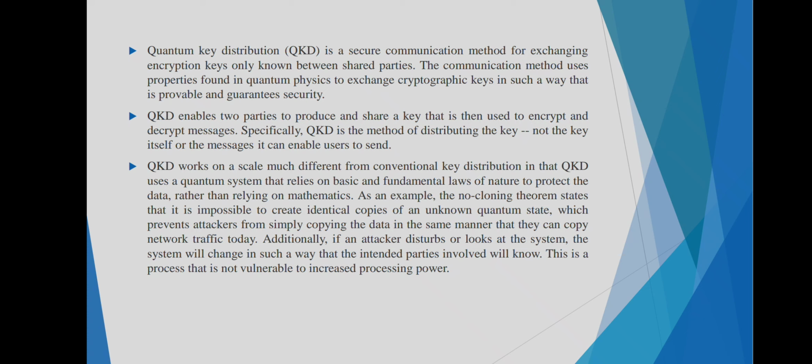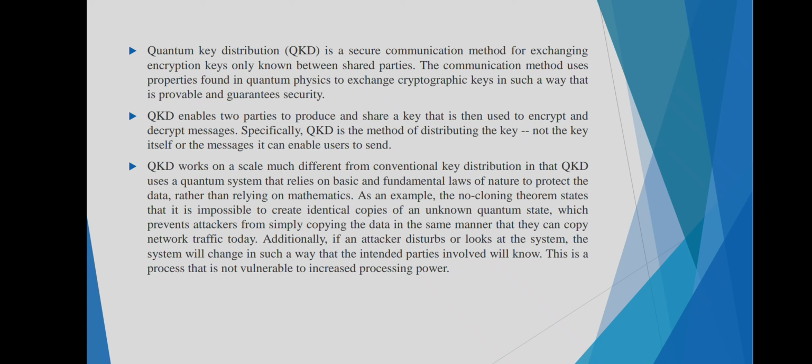Quantum key distribution works on a scale much different from conventional key distribution in that it uses a quantum system that relies on basic and fundamental laws of nature to protect the data rather than relying on mathematics. Traditional cryptography uses mathematical problems to calculate information.